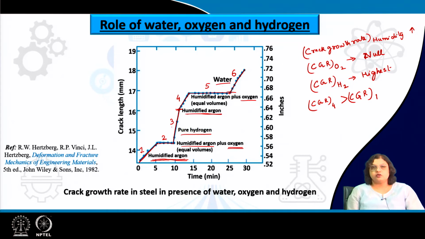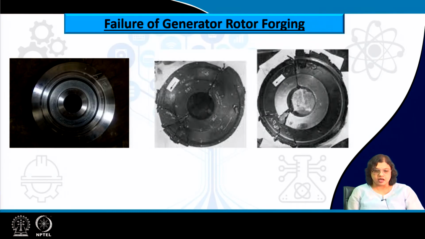Okay. So, such is particularly the case when we are talking about the hydrogen embrittlement and how it affects the materials, and this is an example of how a generator rotor which has been typically forged, and because of the hydrogen embrittlement, this just fails all of a sudden into the brittle pieces, and you can see that this fails in many such pieces.